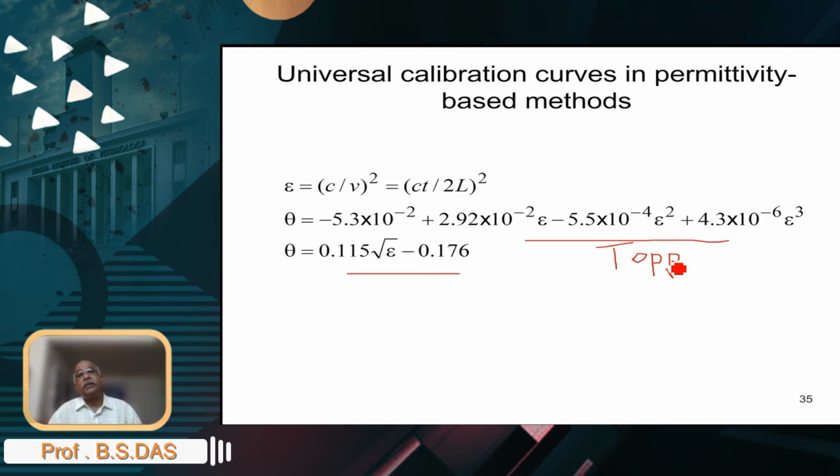It is shown that the dielectric constant can be a square function of the ratio of the velocity of light to the velocity of the electromagnetic pulse in a dielectric material, so C over V.